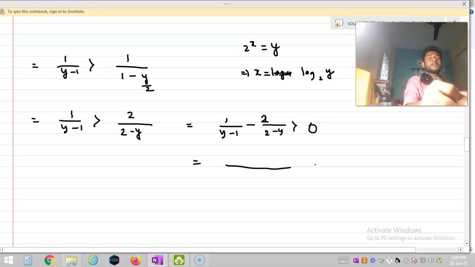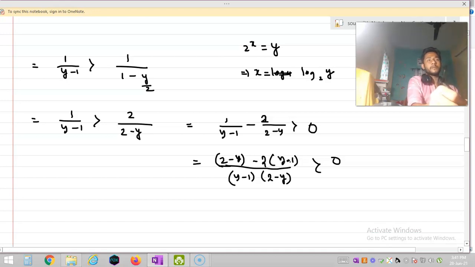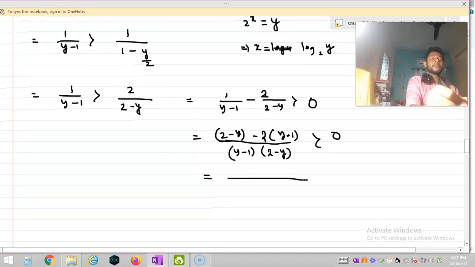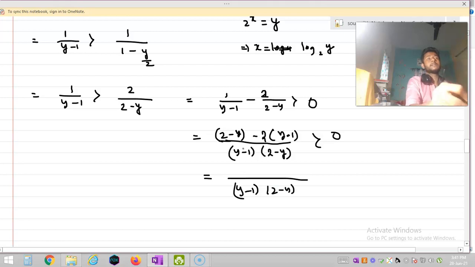Okay, if I simplify this, I will get, in the denominator, y minus 1 and 2 minus y remain as they are. In the numerator it will become 2 minus y minus 2 into y minus 1, that is 2 minus y minus 2y plus 2, so greater than 0.